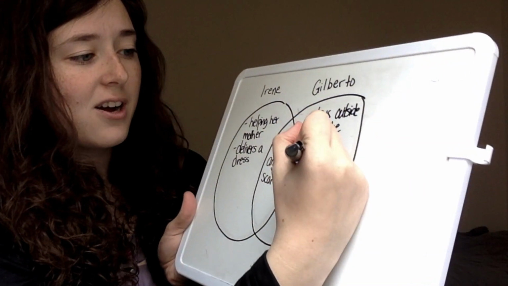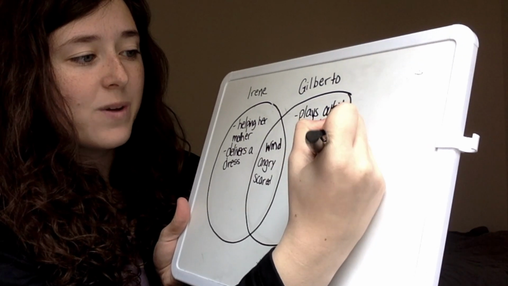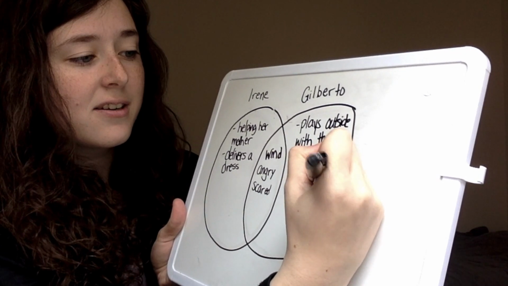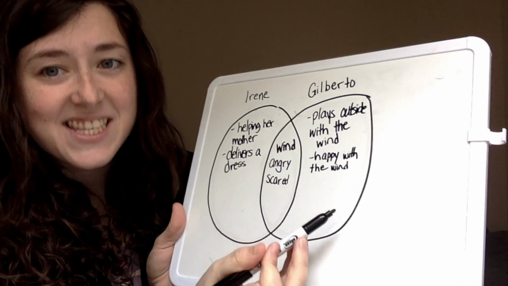She was pretty much just angry and scared and alone. So on Gilberto's side, I'm going to write happy with the wind, because that is something that's true of Gilberto, but not of Irene. That's a difference between the two.